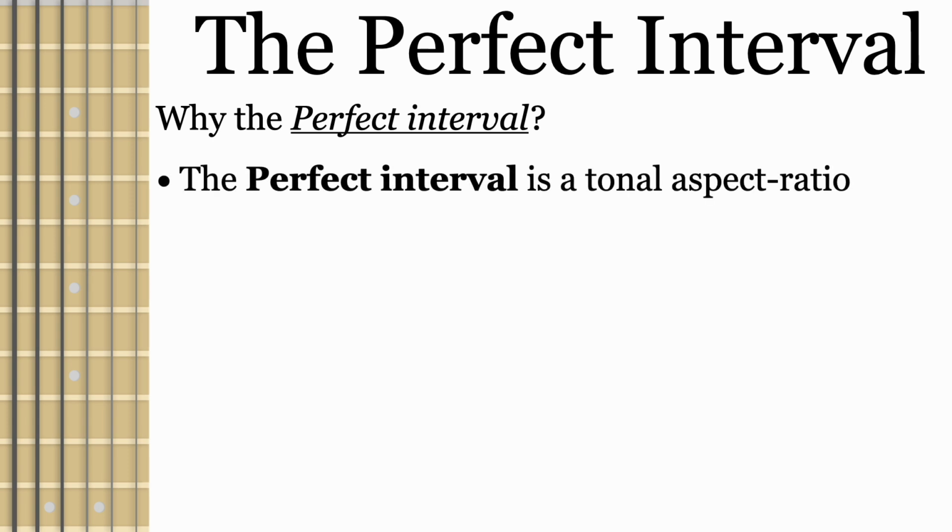Well, a perfect interval is a tonal center with a given aspect ratio. And that statement in and of itself makes it sound even worse. That's even more confusing. That's horrible. The unfortunate part about it is it's actually an accurate statement.